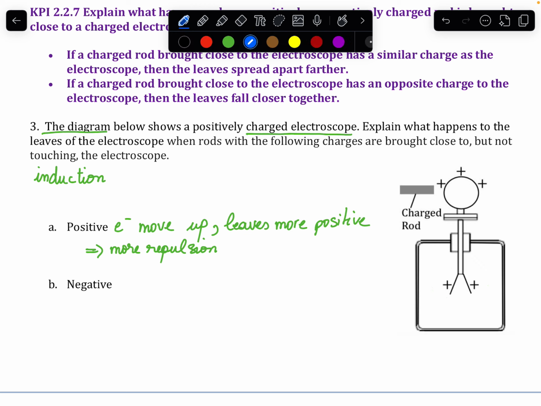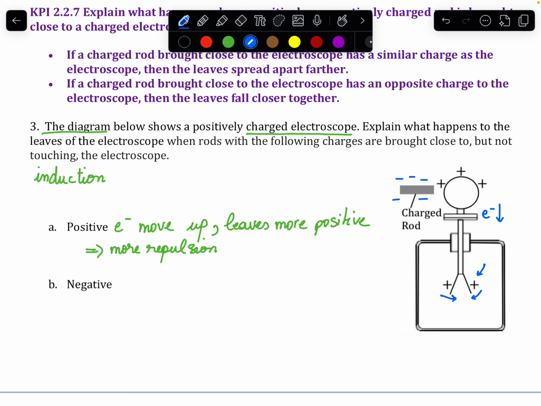If the rod is negatively charged, this means that the electrons on the sphere will get repelled and they will go downward. And this means that you will have less positive leaves and there will be less repulsion.